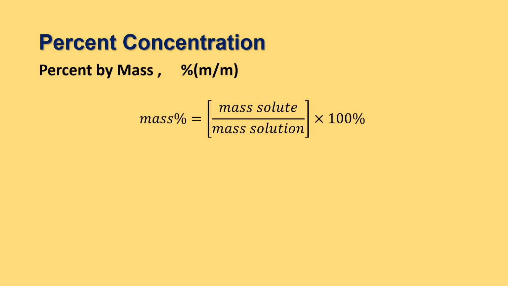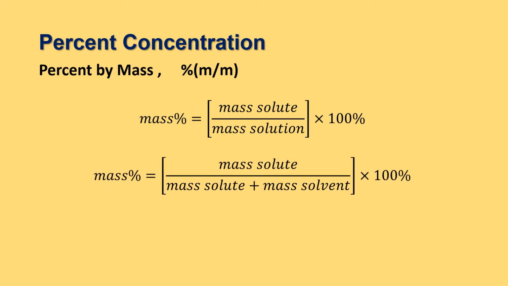We multiply this by 100% because we must express our concentration in terms of percent. Or the other way would be mass of solute all over the sum of mass of solute and mass of solvent, again multiplied by 100%. So that is how we solve the concentration of a solution using percent by mass.